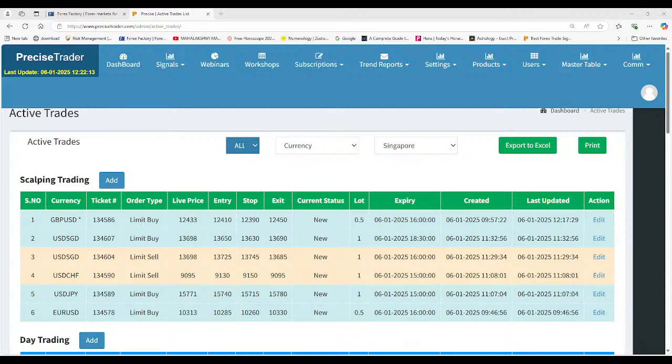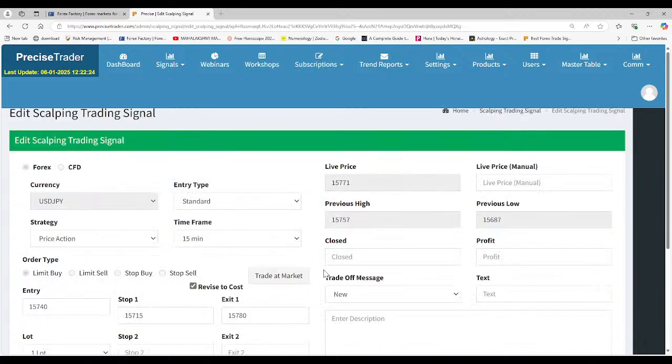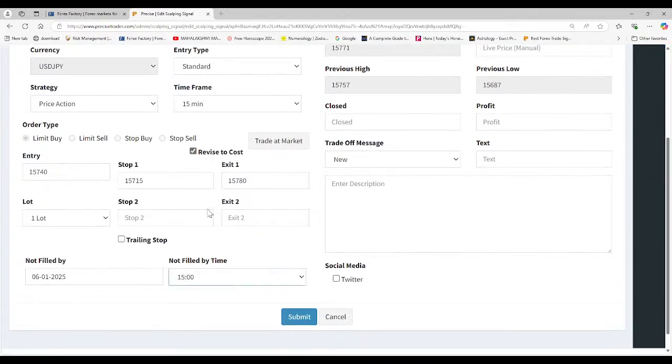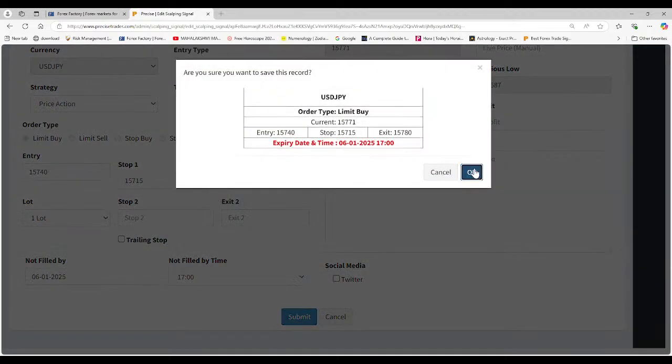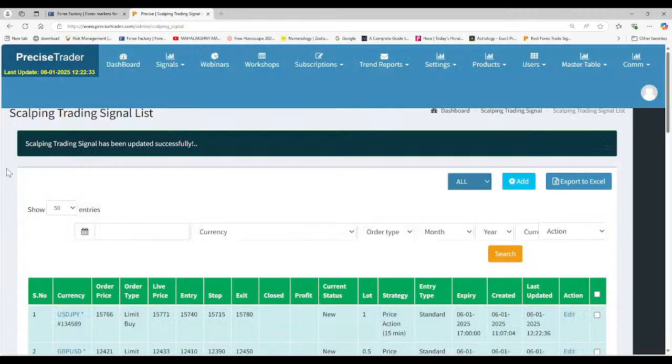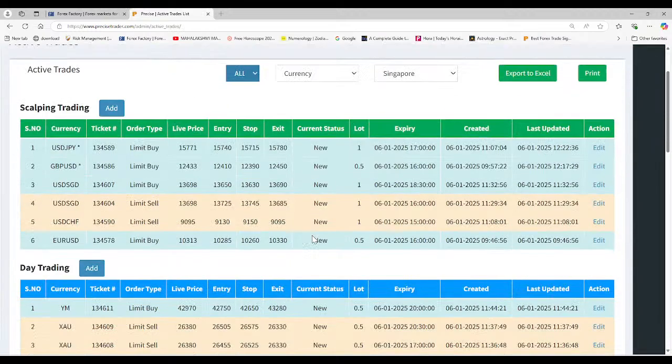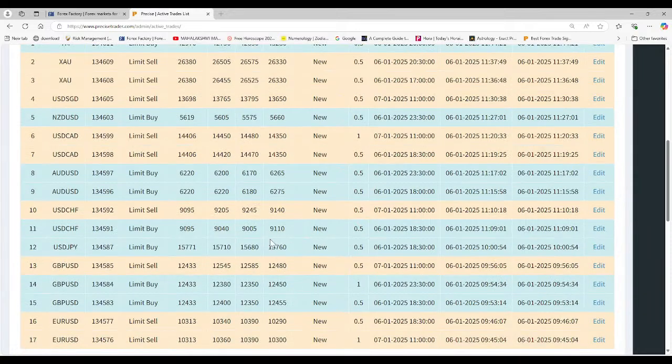Okay, let's see what signals we have given. We are trying to buy at 15740, and exit at 15780. Okay, this one again, I think we can extend by another 1-2 hours, because I want to be in the trade. So next we have a buy at 15710 and exit at 15760.